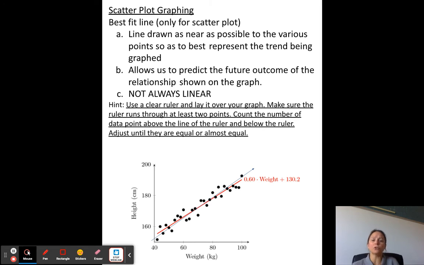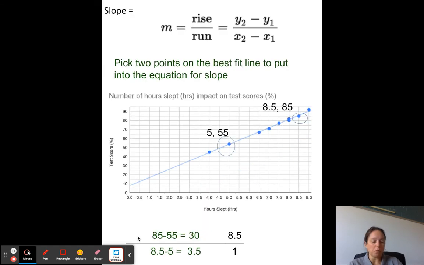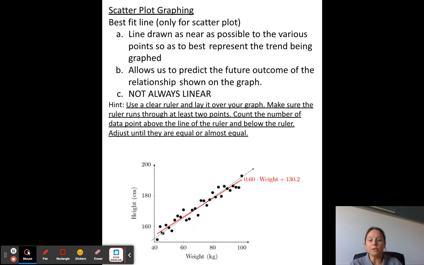If you notice here, there's a red line, and that's the one the computer did. And then there's a blue line right here. Notice that the blue line is pretty close to the red line, and so if I'm spotting that, I'm not going to know the difference.